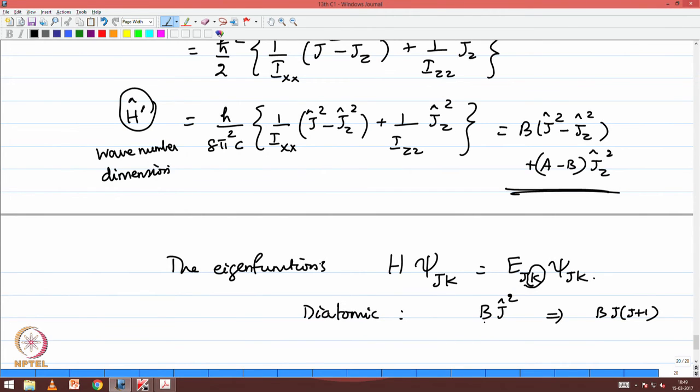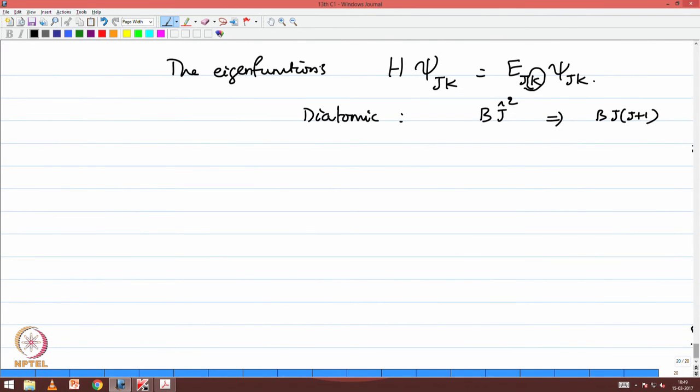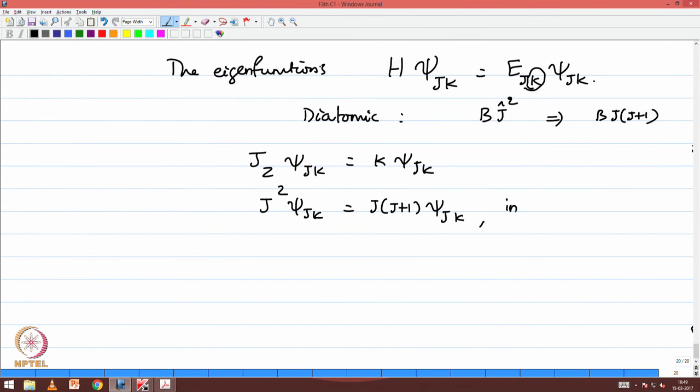Okay. For a polyatomic molecule, now you have J_z squared also part of the Hamiltonian, and the eigenfunctions psi_JK are eigenfunctions of the operator J_z: J_z psi_JK gives you K times psi_JK. J squared psi_JK gives you J into J plus 1 psi_JK independent of K.